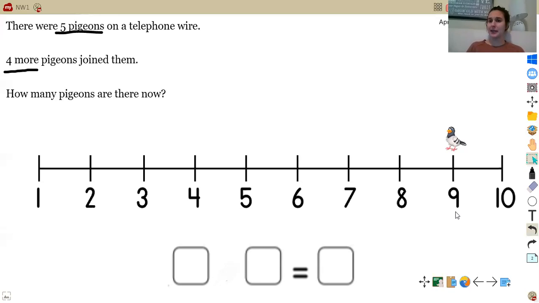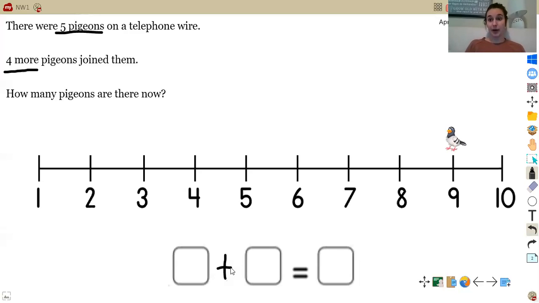Let's go ahead and complete our number sentence. Now, before I can even start, I need to know, am I doing an addition problem or a subtraction problem? Addition, because we added 4 more pigeons. So I need to make sure I have the addition sign.